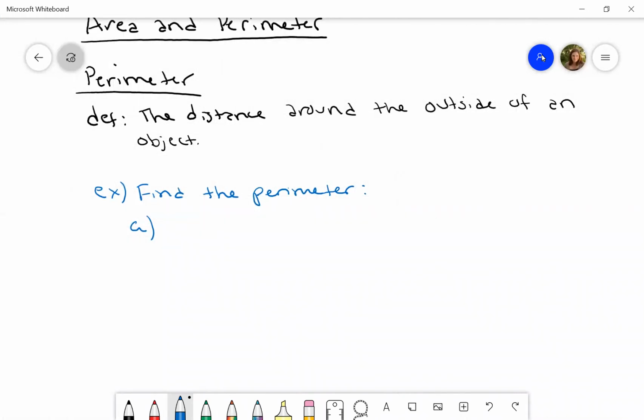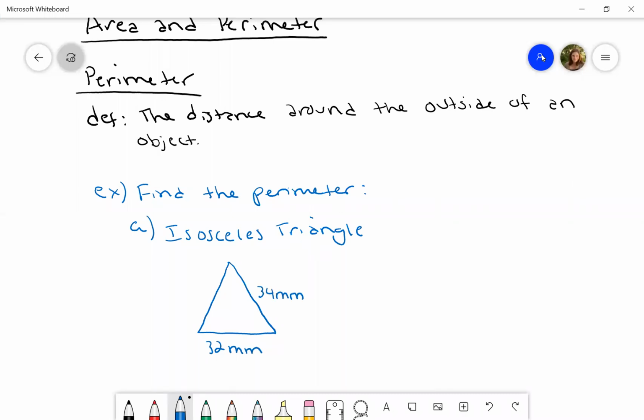So let's say you're told that you're working with an isosceles triangle. And here is the information we are given, that this is 32 millimeters and that this is 34 millimeters. If I want to find the distance around the outside of the object, technically I need all three sides.